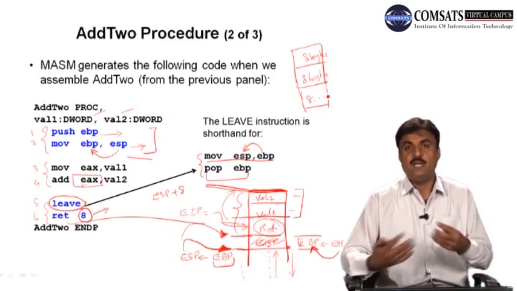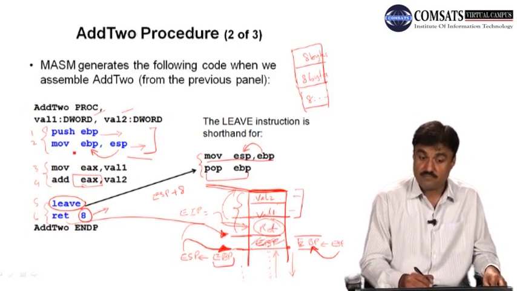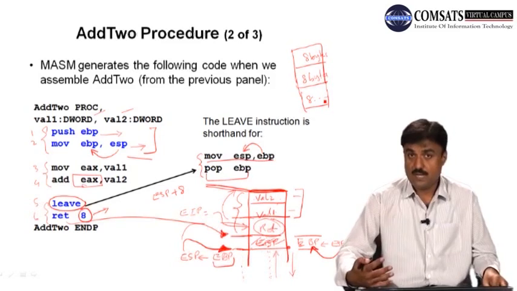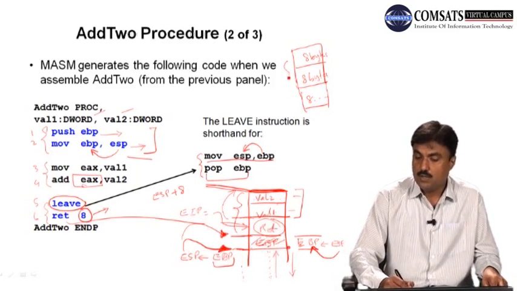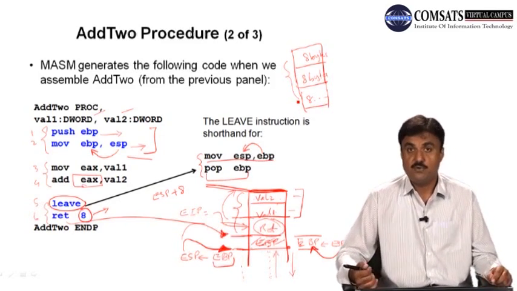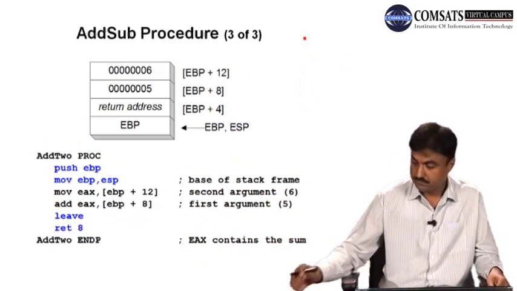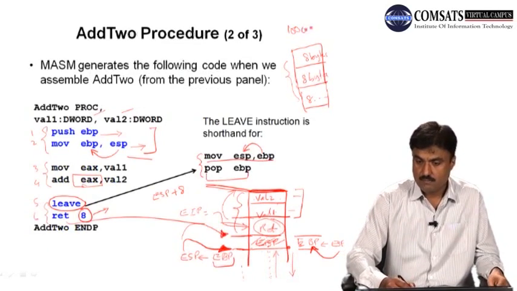In each call, if you are calling this procedure which uses 2 parameters, and the total size is 8 bytes, then in every call you are occupying 8 bytes of memory. Suppose you call it 1000 times, so 1000 multiplied by 8 bytes.